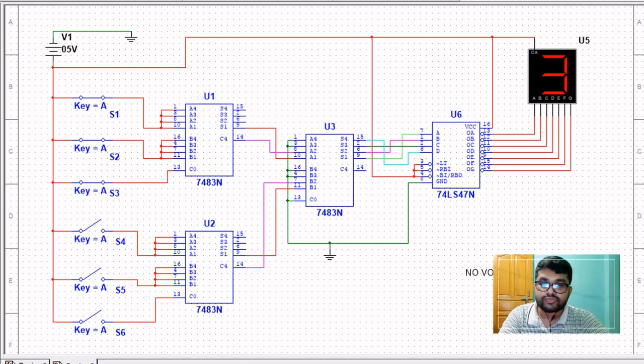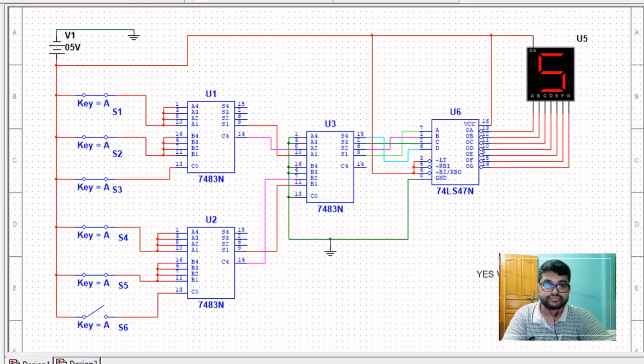You can see from the simulation that 3 switches are on, so the 7-segment display shows 3 votes. Now if we continue to the next slide, 5 switches are connected, and the 7-segment display shows 5 votes.